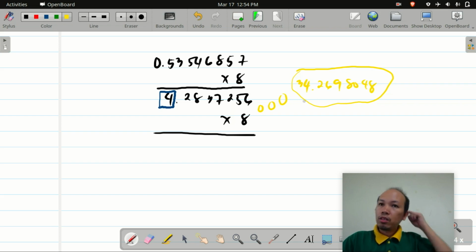So the integer part here, if you want to convert it to an octal number, what is 34 in the octal number? All you have to do is to subtract it until it will become a number between 0 to 7. So 34 is 2 in octal.